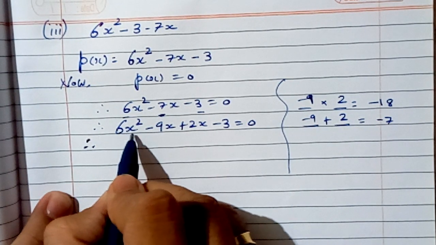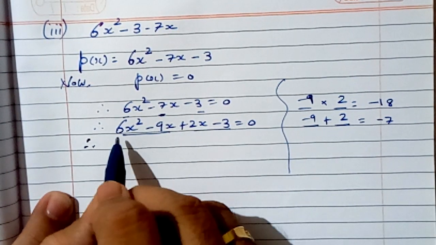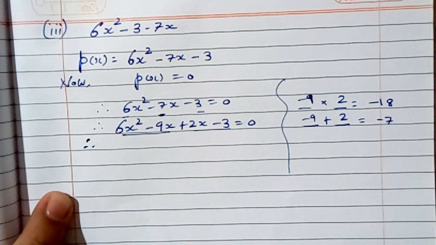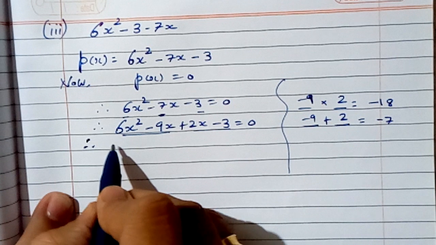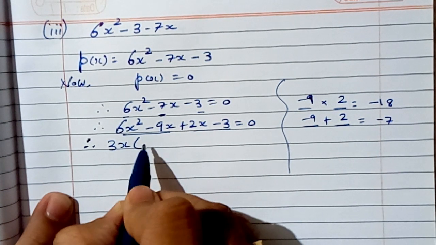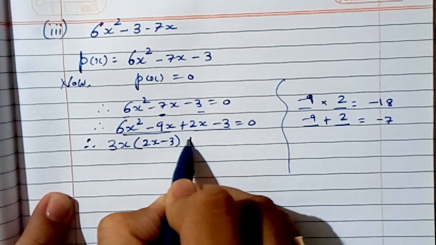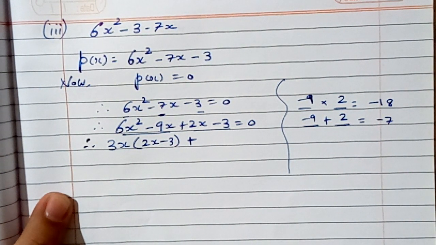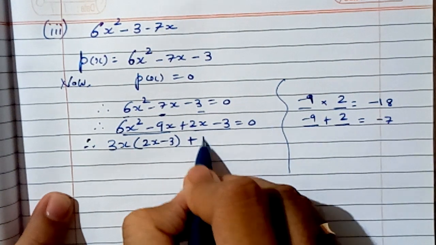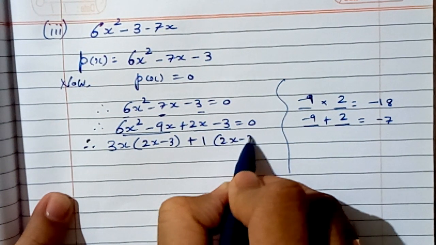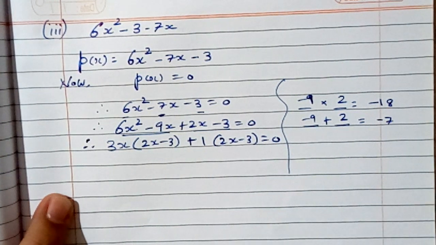Therefore now we have to get the common factor from 6 and 9. We can get common 3, 3 2s are 6, 3 3s are 9. So 3x inside the bracket 2x minus 3 plus nothing is common, that means HCF is 1, 1. So 2x minus 3 equal to 0.